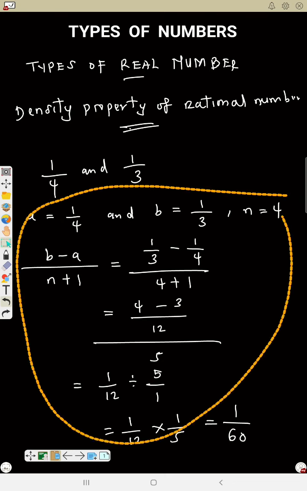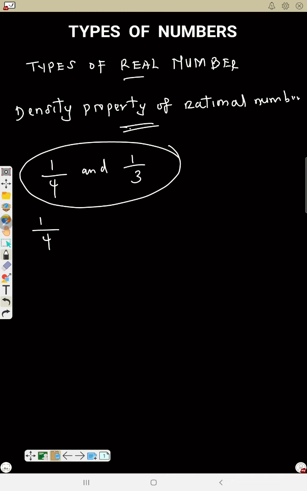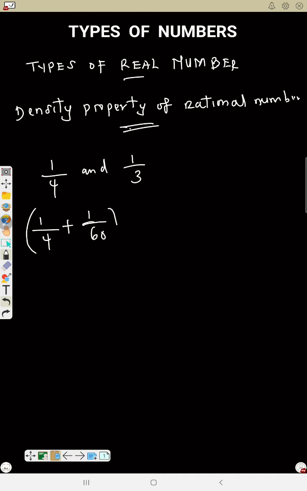So let me clear this. The 4 rational numbers between 1 over 4 and 1 over 3 will be 1 over 4 plus 1 over 60, as in that result we got.